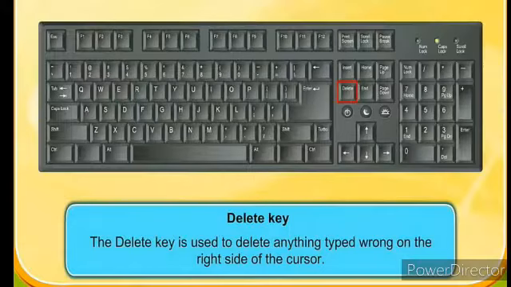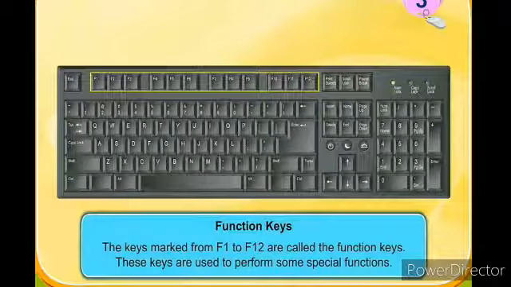Now we are going to discuss the delete key. The delete key is used to delete anything typed wrong on the right side of the cursor. Now let us discuss the function keys of the keyboard.